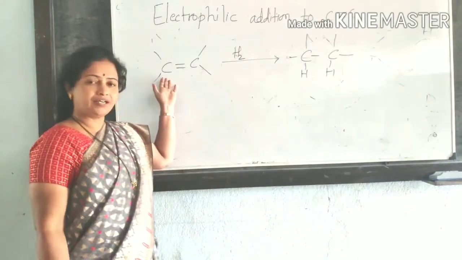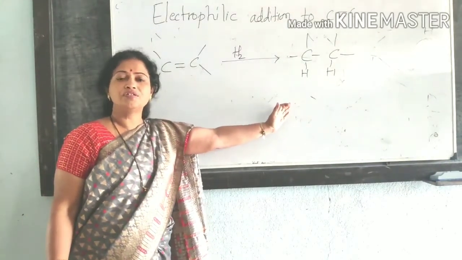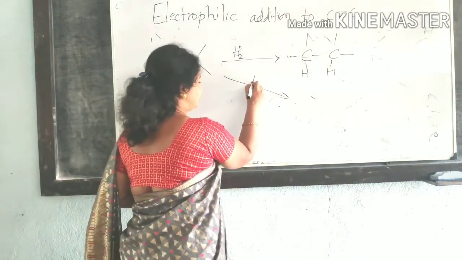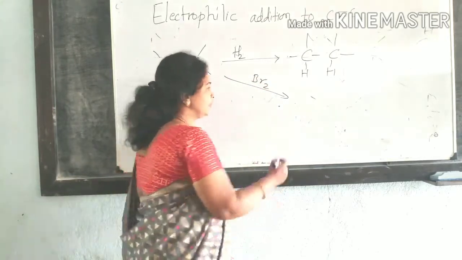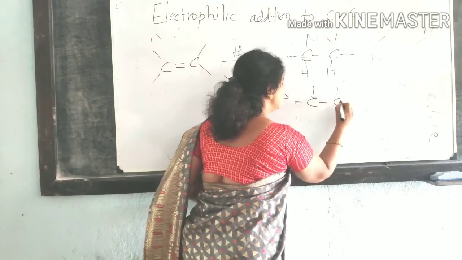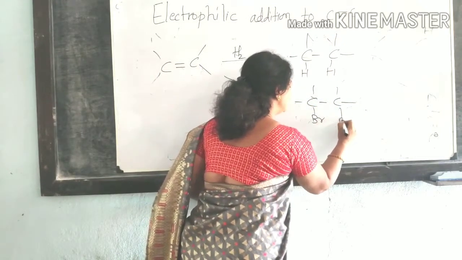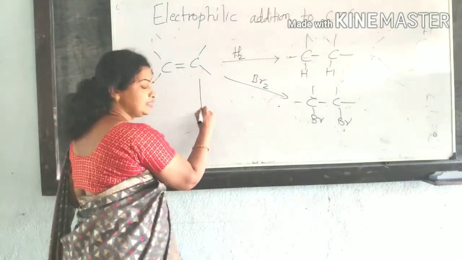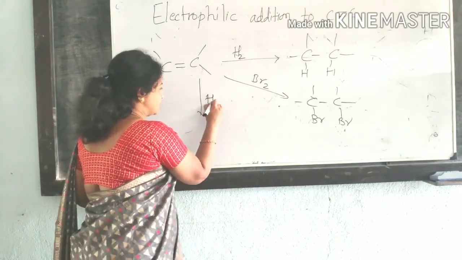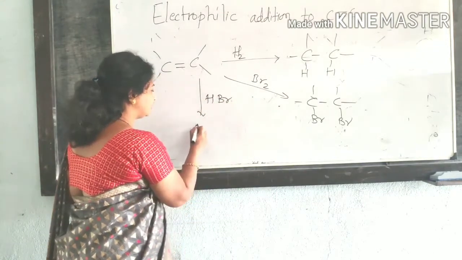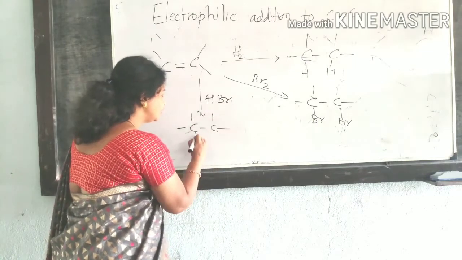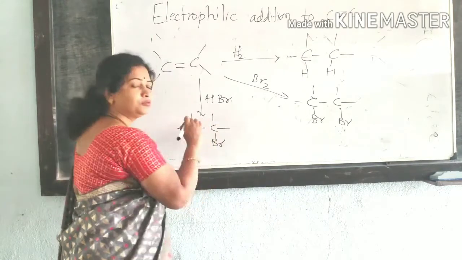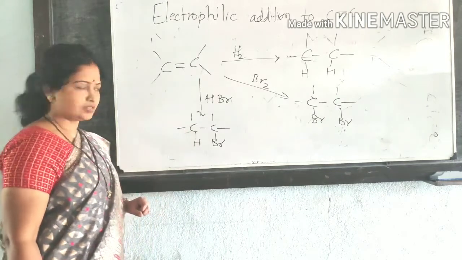Means the unsaturated compound gets converted into a saturated compound. If we take the addition of halogens like chlorine, bromine, etc., then this ethene gets converted into a dihalogen compound like a vicinal dihalide. If we add halogen acids like HCl, HBr, etc., then we get an alkyl halide. The pi bond of this alkene breaks to form two new sigma bonds.